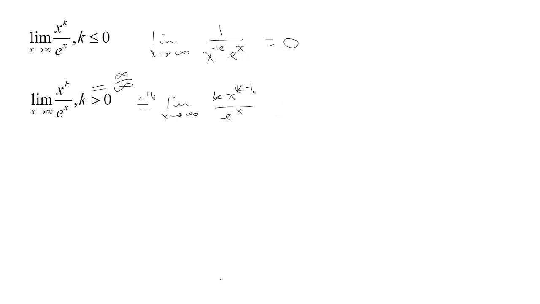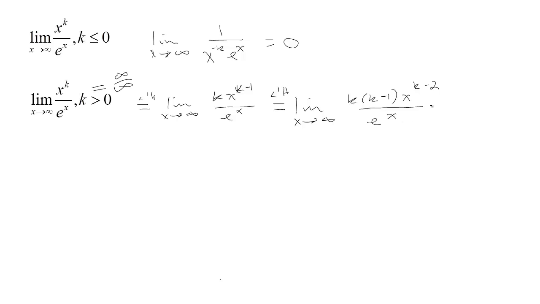But if not, then we still have infinity over infinity, and we could apply L'Hopital's rule again, and the power on x will decrease again. So we'll have k times k minus 1, x to now the k minus 2, because we took 1 away again when we took the derivative.